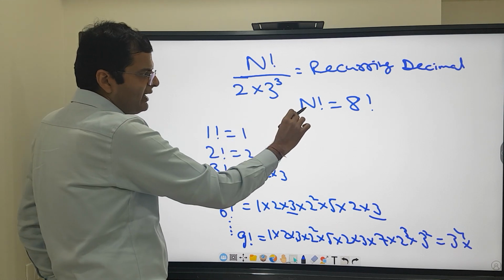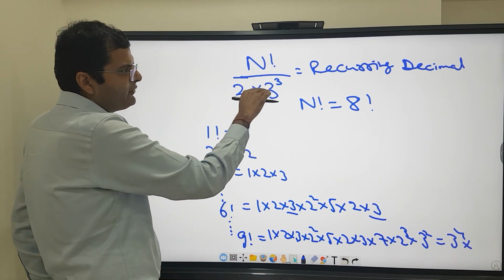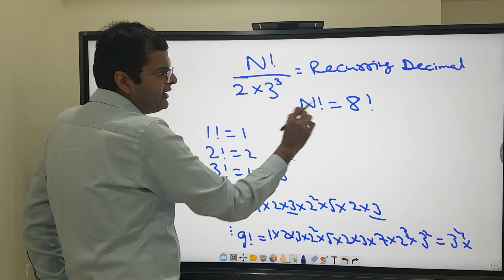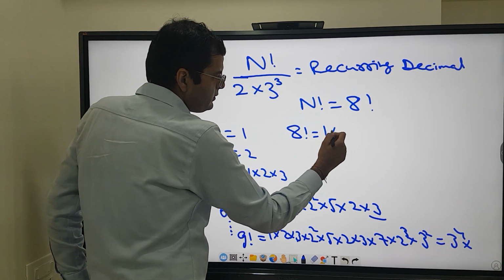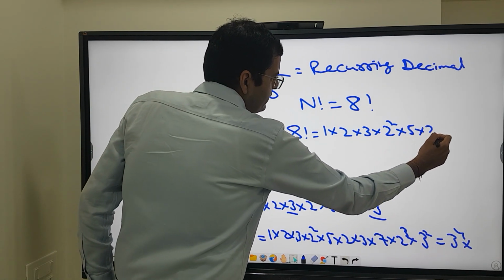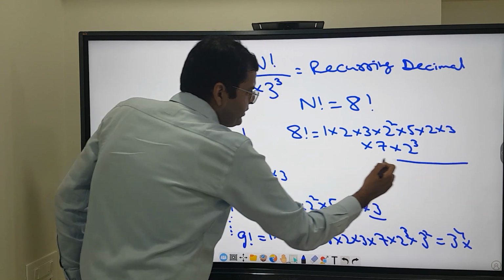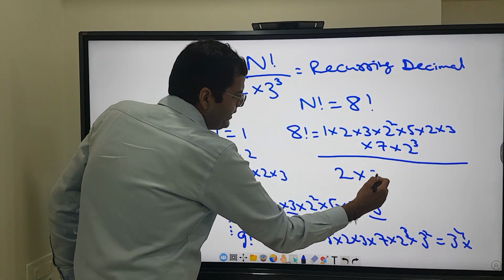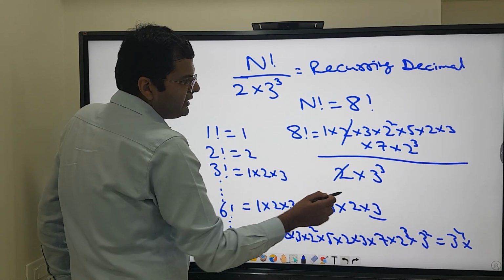So the largest value of n such that its factorial divided by 54 gives me a recurring decimal is when n equals 8. If you look at it, 8 factorial is 1 into 2 into 3 into 4 is 2 square, 5, 6 is 2 into 3, 7, and 8 is 2 cube. If you divide this 8 factorial by 2 into 3 cube, what will happen? This 2 gets cancelled. Then there is this 3 cube.